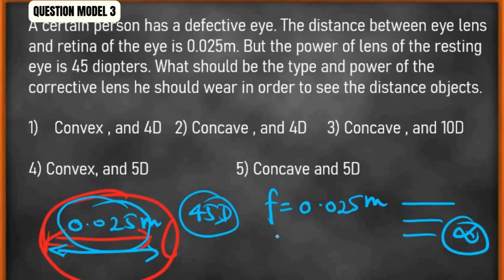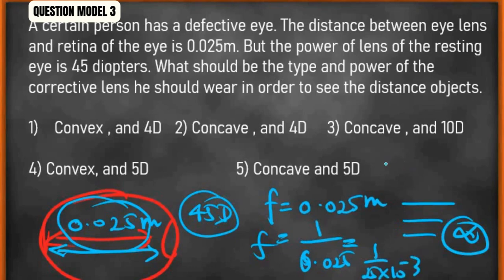So let's find the power of it. Power equals 1 over f, so 1 over 0.025. Simplification: 1 over 25 times 10 to the power minus 3. Then 1000 divided by 25 is 40 diopters.